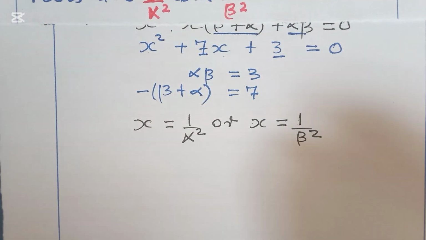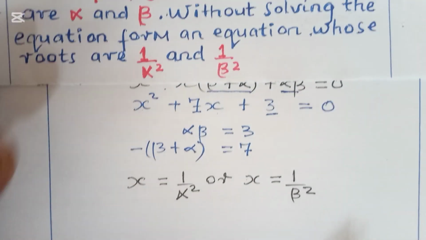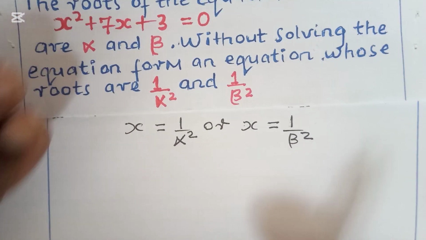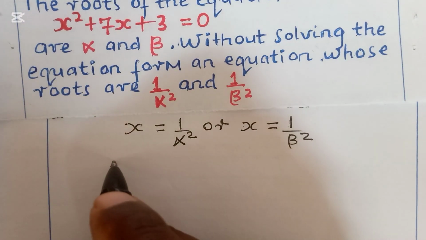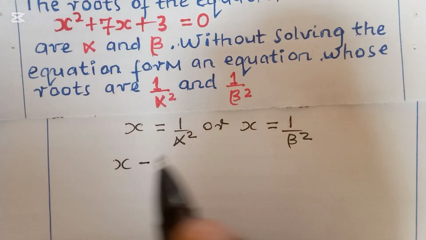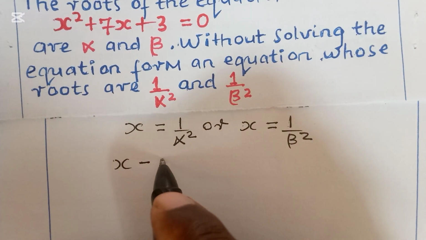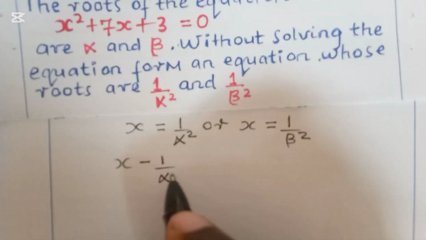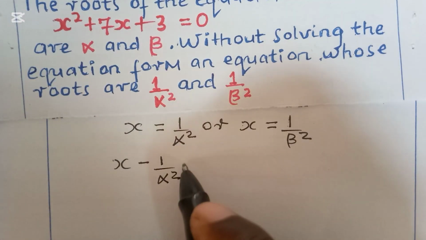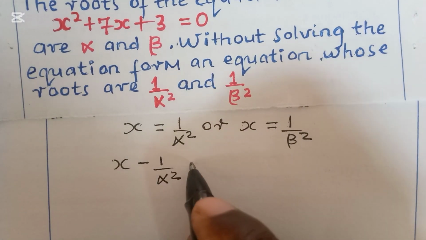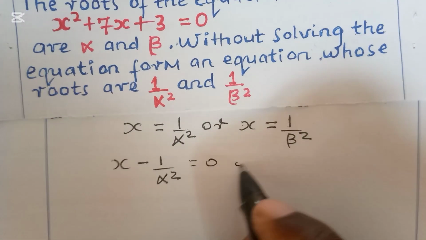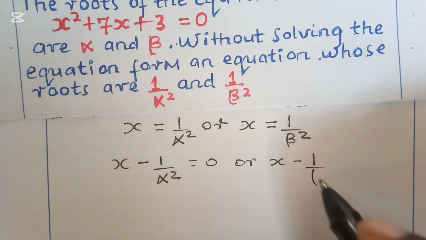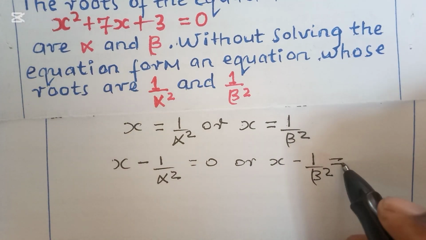And so guys, we continue just as we have done here. We are going to do the same for this. So this one is going to be x minus 1 all over alpha squared equals 0, or x minus 1 all over beta squared equals 0.